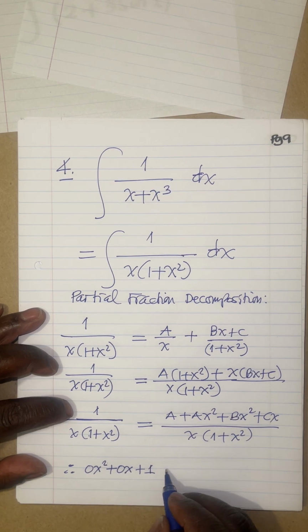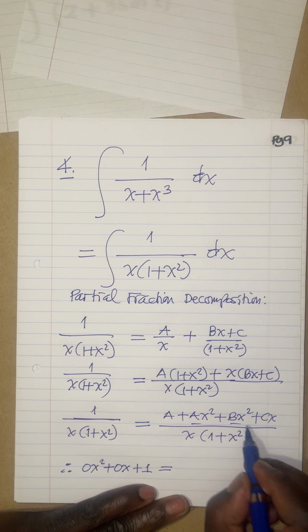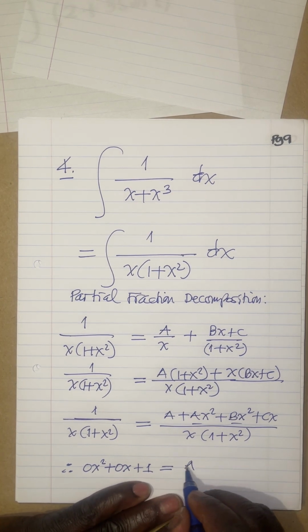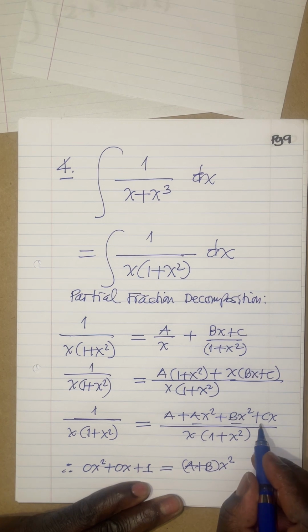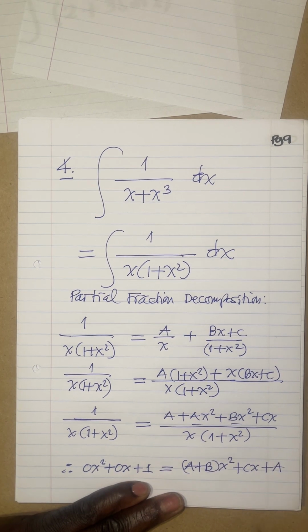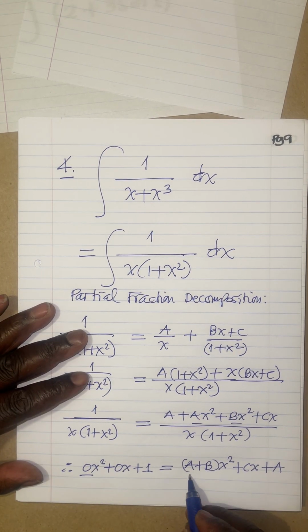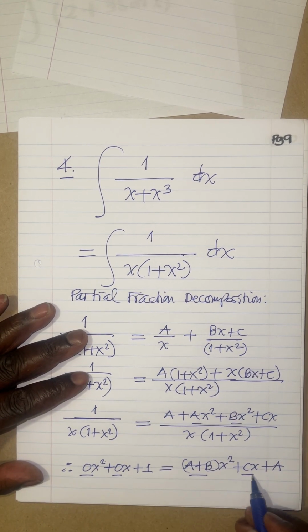But I'm doing this because in the numerator on the right-hand side, I am going to take the terms containing x squared. It's going to be (a plus b), if you factorize, with x squared outside. The term containing x alone is cx, and then our constant term is a. Why am I doing this? Because now I can say coefficient equals coefficient, and constant term equals constant term.